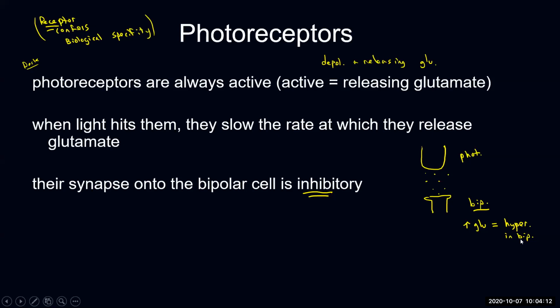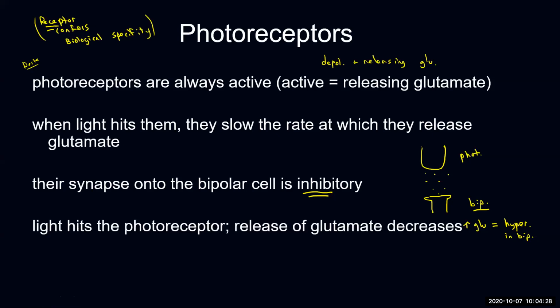Now, just like the photoreceptor, neurotransmitter release in the bipolar cell is proportional to its membrane potential. So when the bipolar cell is hyperpolarized, what happens to neurotransmitter release? It goes down. Now, when light hits the photoreceptor, the release of glutamate decreases. If I have less glutamate, what does that do to the bipolar cell? I have less inhibition.